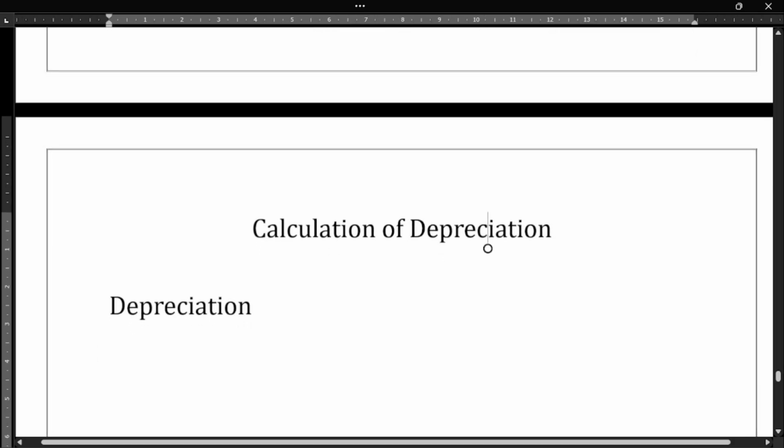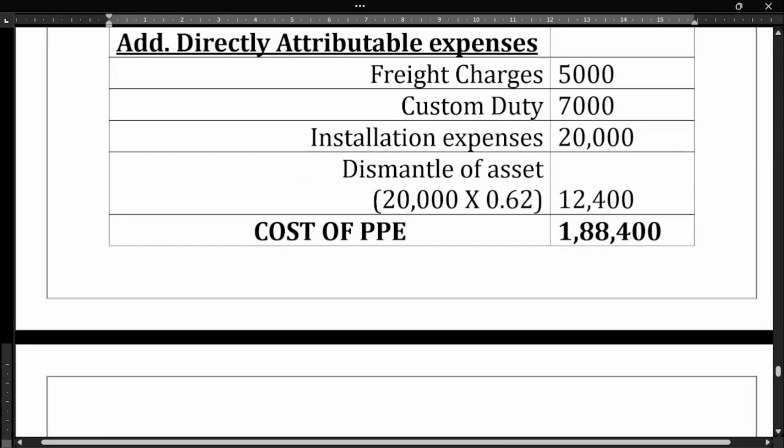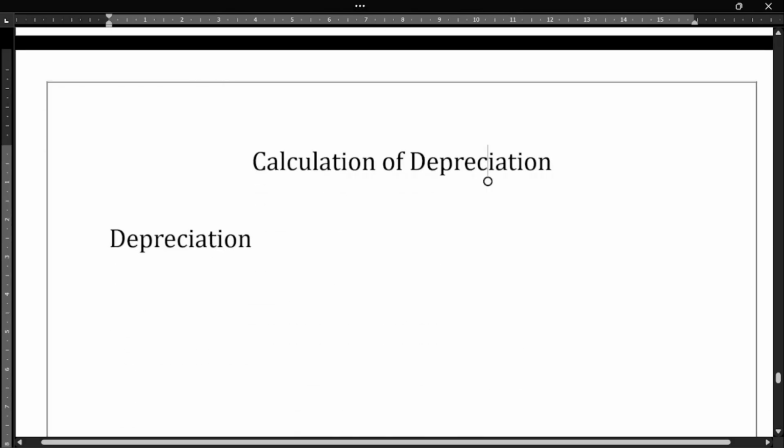The formula to find out the depreciation is cost of PPE minus residual value divided by life of the asset. Cost of PPE is 1,88,400. There is no residual value.